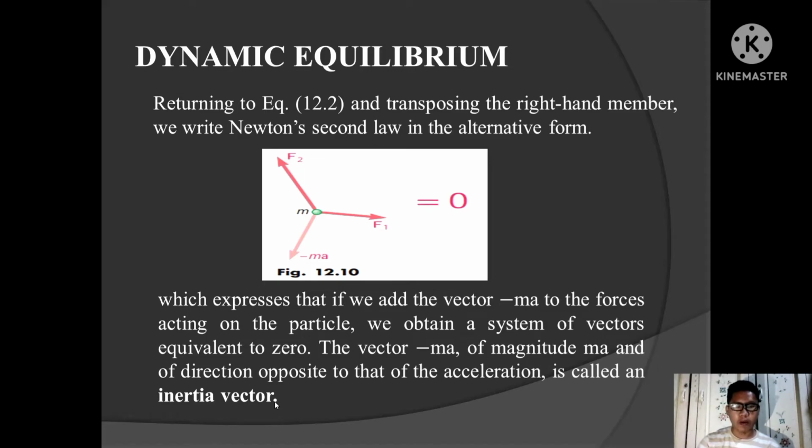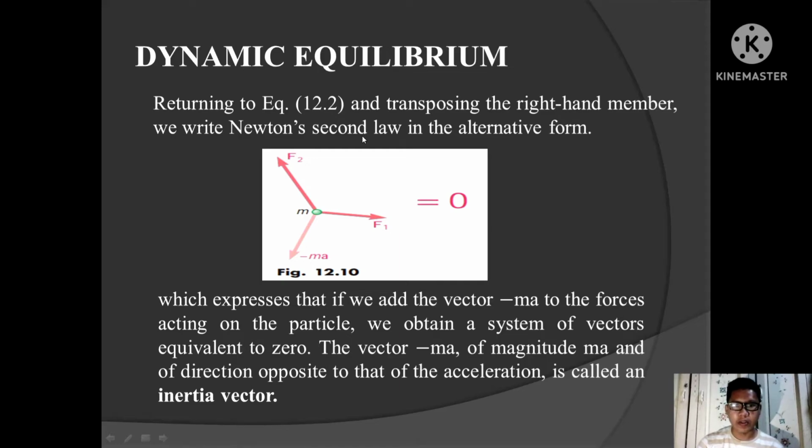So a very good example of the dynamic equilibrium is an aeroplane flying at constant speed.